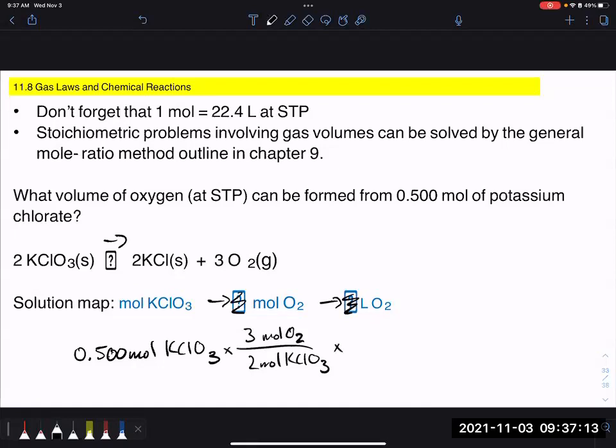And then we're going to convert our moles of oxygen into liters of oxygen. Because we're working at STP, we can do 22.4 liters per 1 mole. It doesn't matter what the identity of the gas is, as long as it's STP. So 0.5 times 3 times 22.4 divided by 2 is 16.8 liters of oxygen.